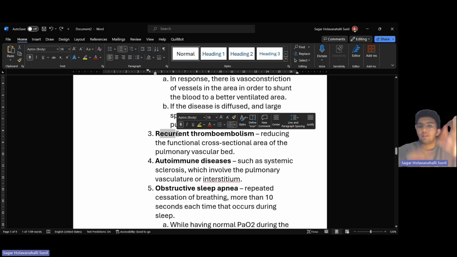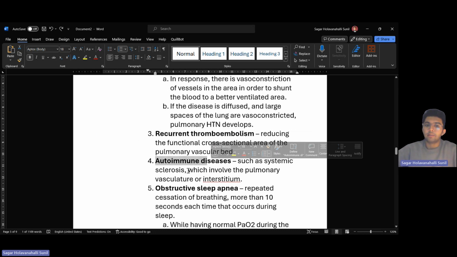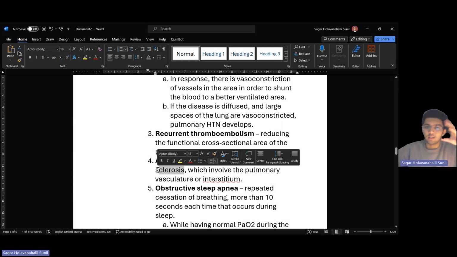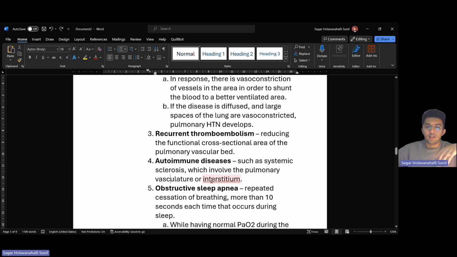Again, recurrent multiple thromboemboli, small ones, big ones, up to a point where the cross-sectional area decrease is significant enough to cause a significant pulmonary hypertension. Autoimmune diseases such as systemic sclerosis, again, sclerosis, hardening of the vessels, or fibrosis of the interstitium, will cause decrease in the ability of the vasculature to dilate, and also it can cause narrowing of the vasculature.